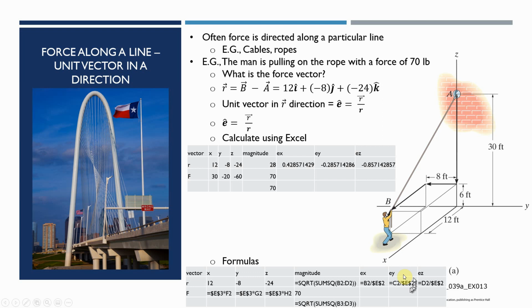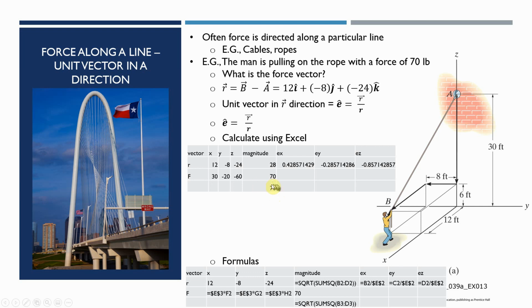That's the unit vector in the y direction. And then the unit vector in the z direction times the total force gives you the z component of the force. So these are the components of the force: 30 i hat, negative 20 j hat, negative 60 k hat.